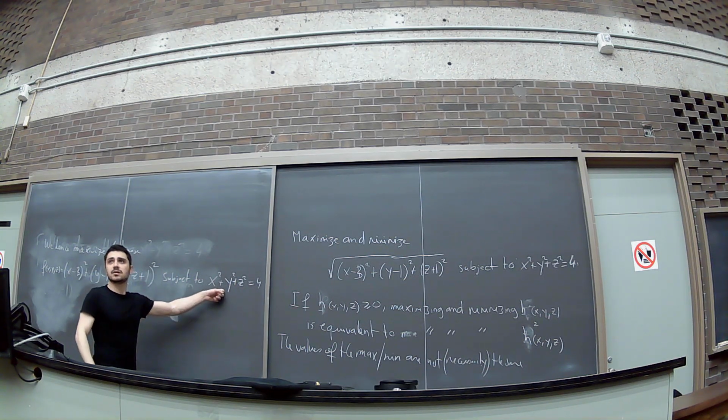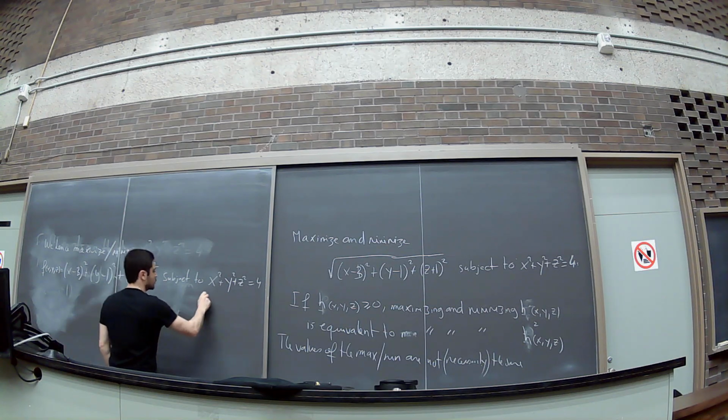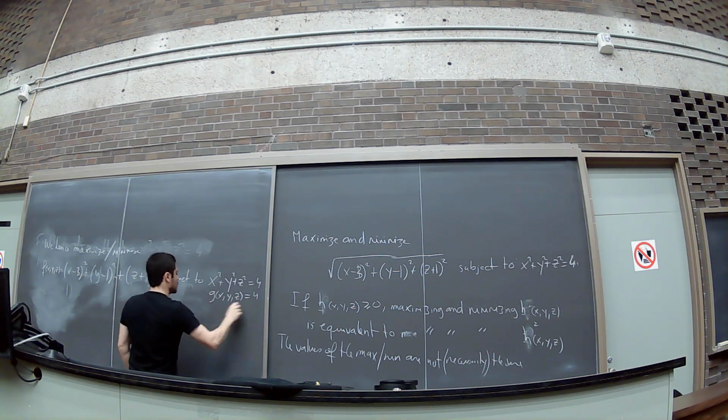This is my g of x, y, z, right? Everybody read good? Any questions? So this is subject to g of x, y, z equals 4.